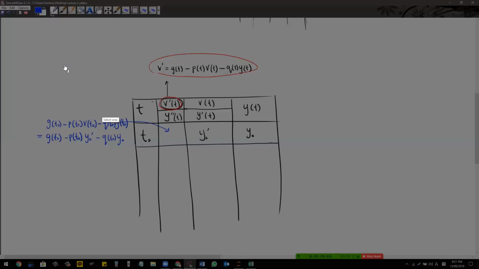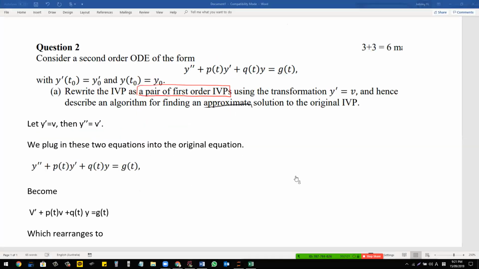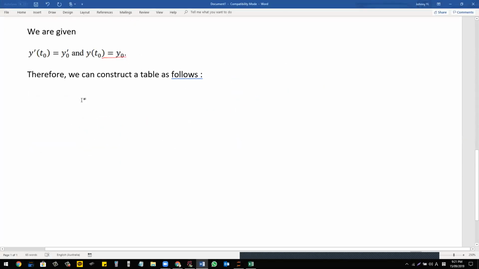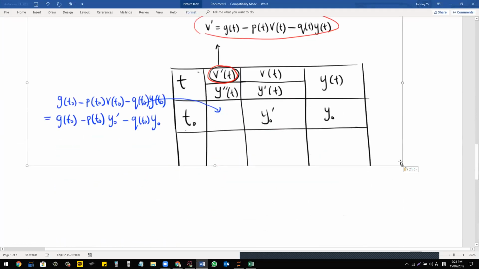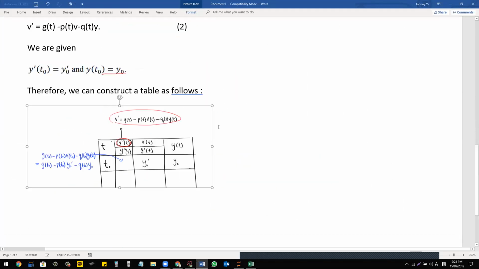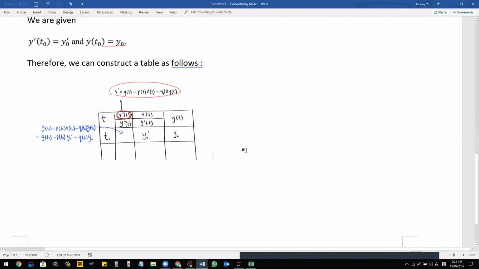So you can construct a table like this, and then you have to do a little bit of explanation as follows.